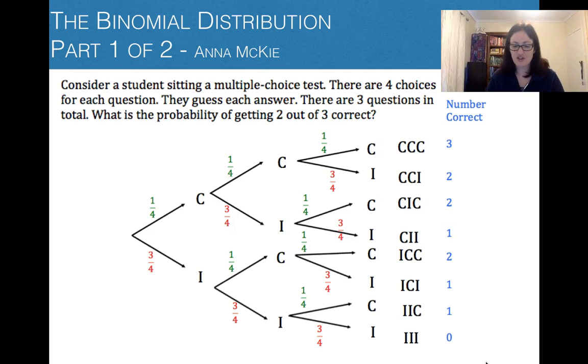But the one we're interested in is getting 2 correct. So having a look here, there's 1, 2, 3 ways of doing that. Correct, correct, incorrect. This combination here and down here. So on the next slide, we're going to look at this one in a bit more depth. Just remembering that there were 3 ways of getting 2 correct.